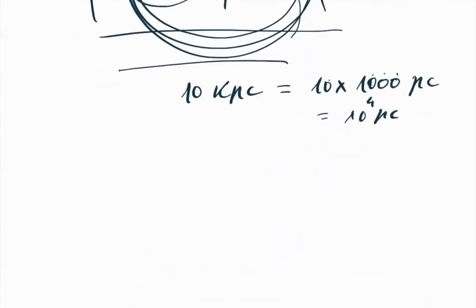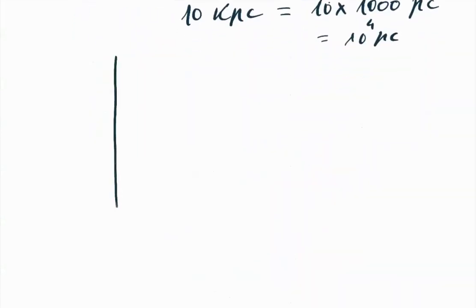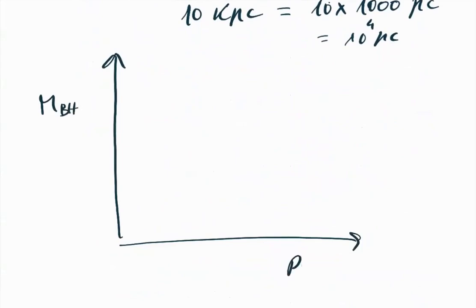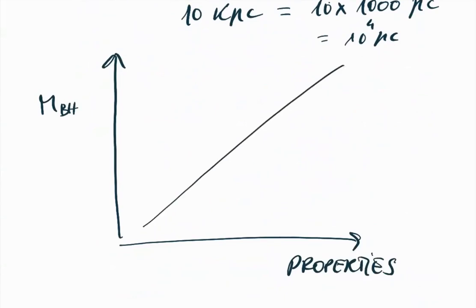This is so because when we look at the mass of the black hole and some properties of the host galaxy, we see correlations. And of course, a correlation does not imply a causation, but it is drawing our attention.